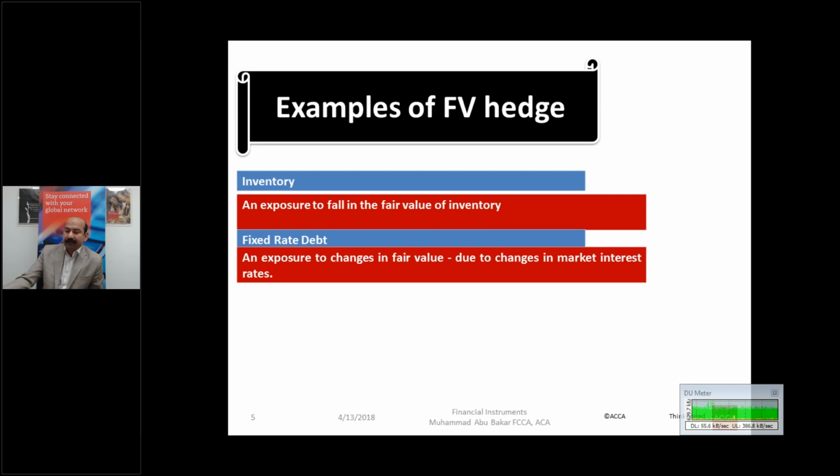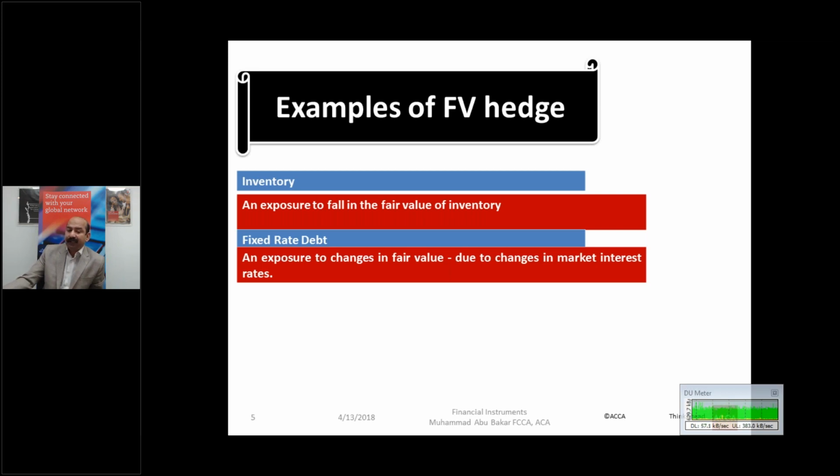In other words, you could get a loan at a much lower interest rate in the future than the fixed rate of 5% you will be paying. So you enter into an interest rate swap to receive 5% fixed and pay, say, LIBOR 12 months plus, say, 1%. So this is a fair value hedge.